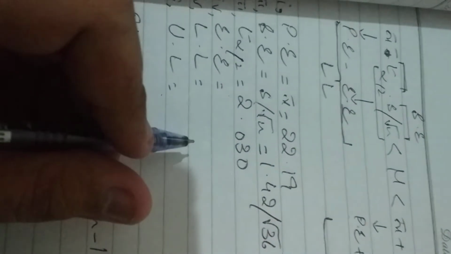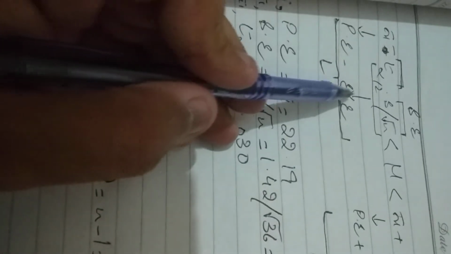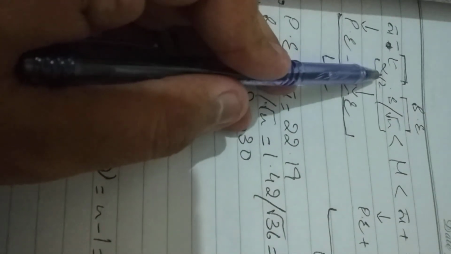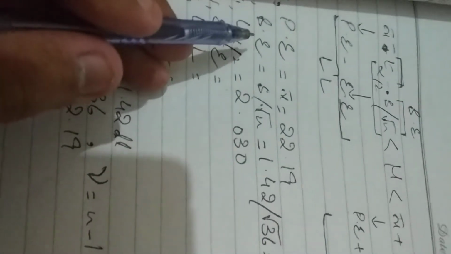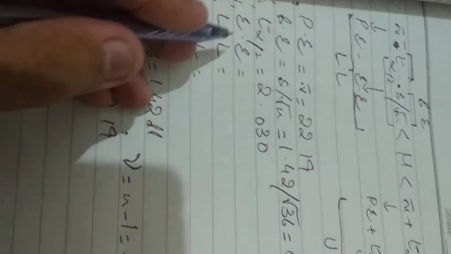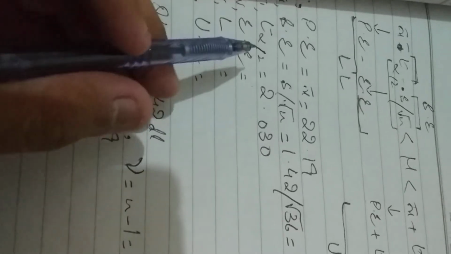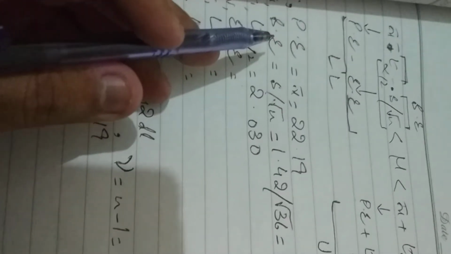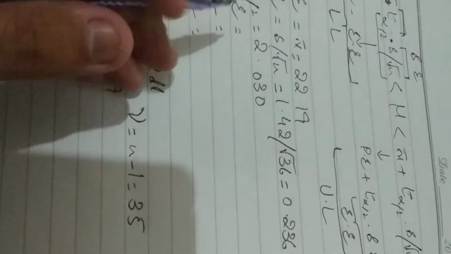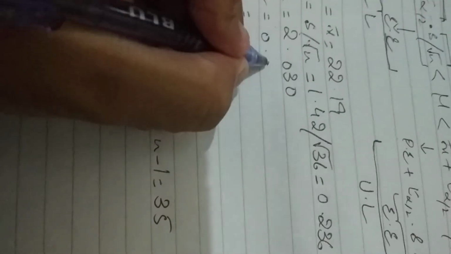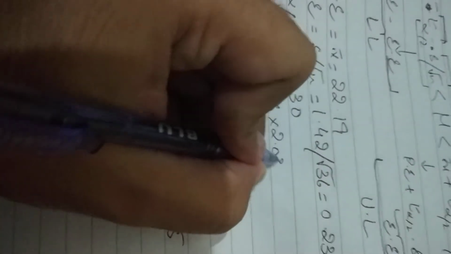Then we have estimating error, and as you can see, estimating error equals t alpha by 2 multiplied by standard error. T alpha by 2 is the third requirement, standard error is the second requirement. In simple words, second requirement multiplied by third requirement equals fourth requirement.